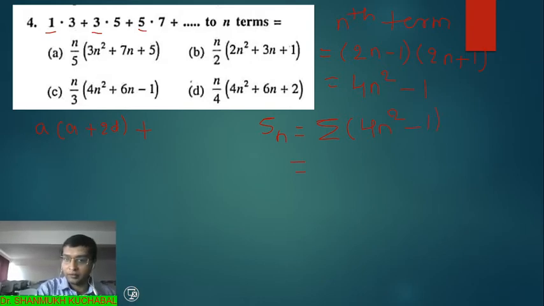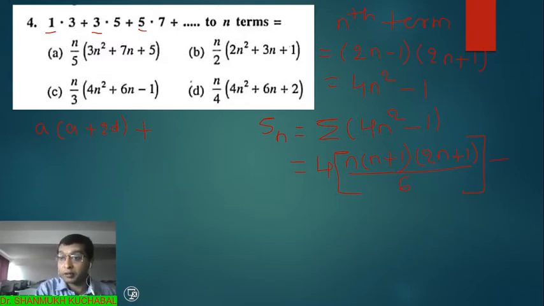Okay, so 4 is a constant as it is. Summation of n square, there is one formula you have to remember: n into n plus 1 into 2n plus 1, whole divided by 6, and minus sign.